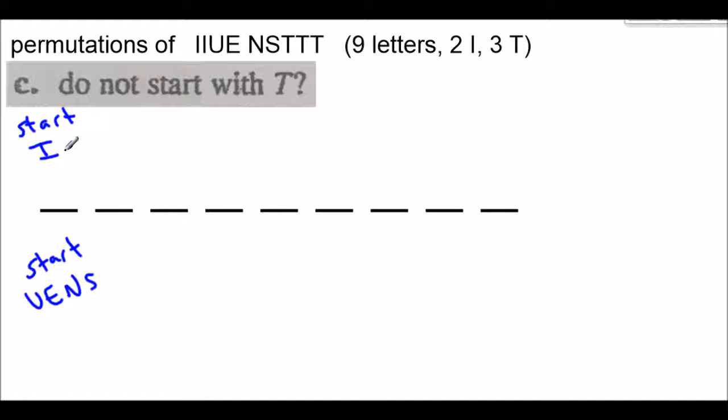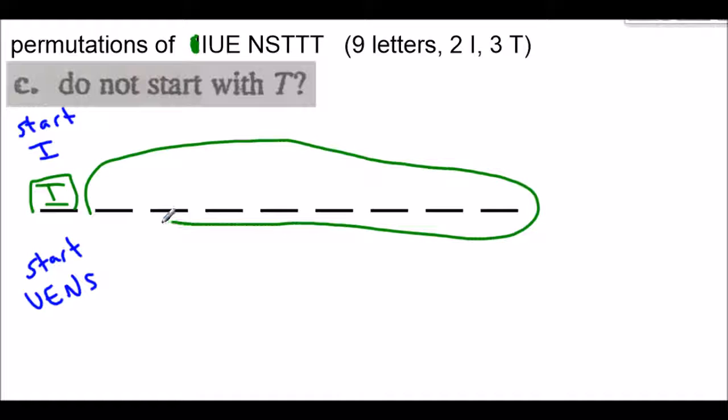So if I do start with an I, so I'm going to make it start with an I, not a choice, and take an I off of my potential list. So what that means is I only have to worry about these 8 positions and the 8 letters left over. So there are 8 letters to arrange into 8 positions, but I have 3 T's.